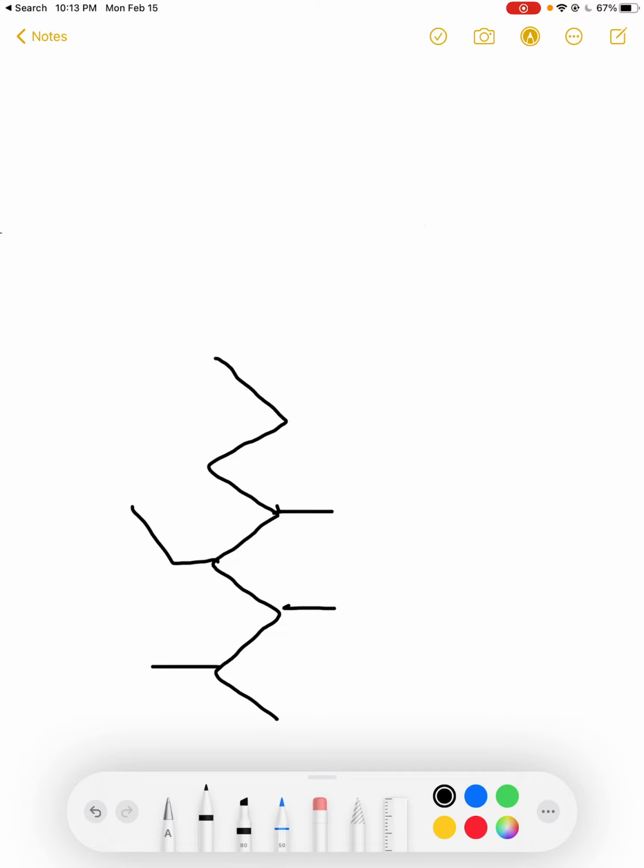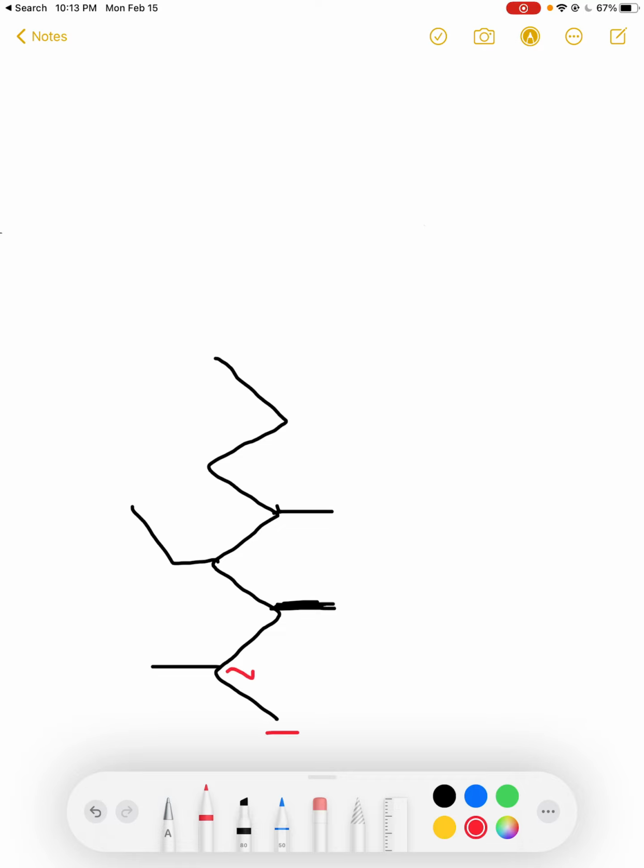The third structure was... so again, the first thing we're going to do is find the longest chain. And the longest chain, as you can see, is pretty straightforward. You can go straight on this chain.